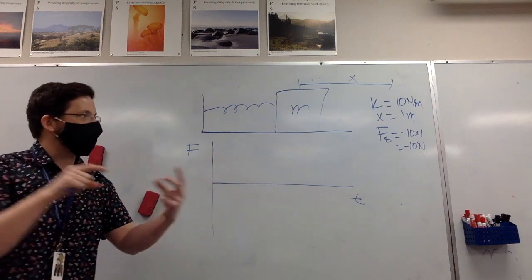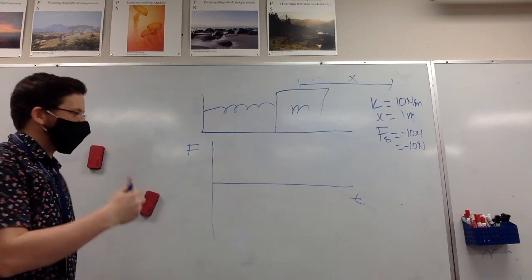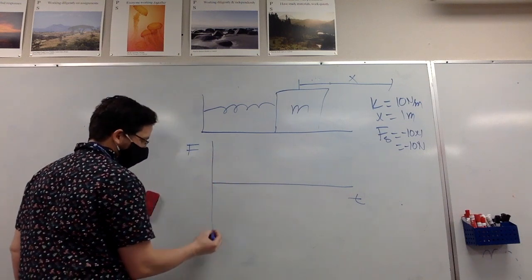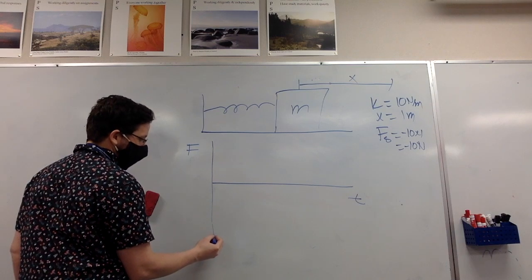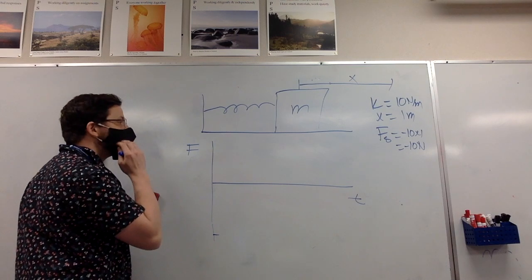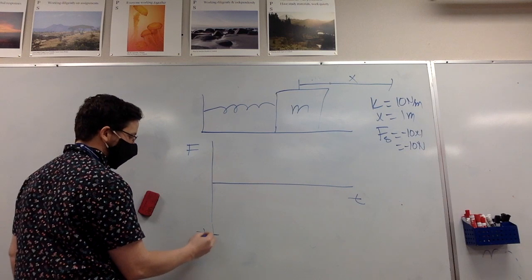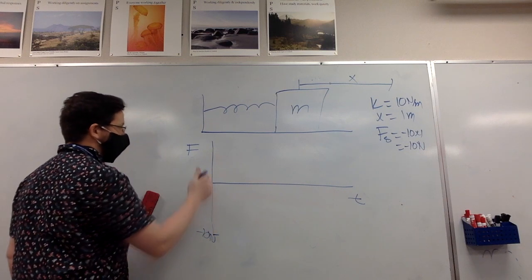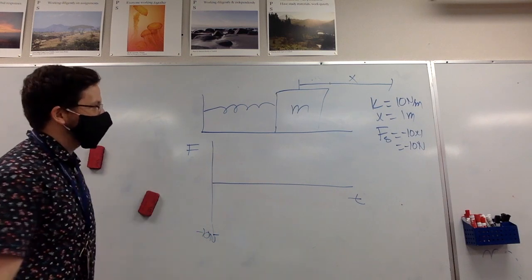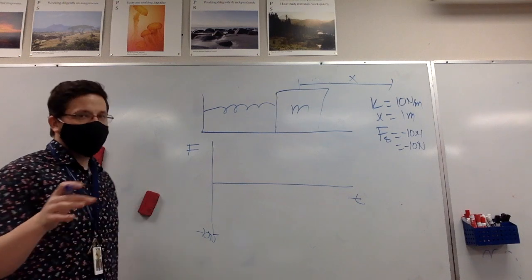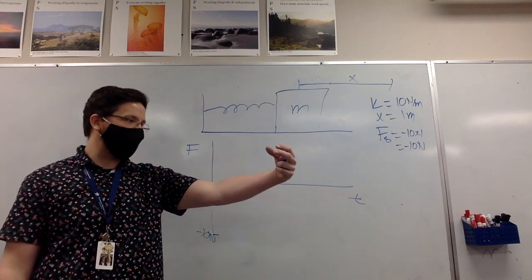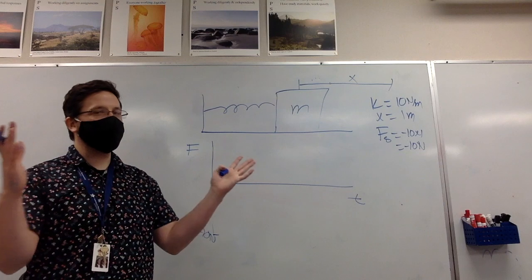Let's say I just stretched it a meter, and then that's the spring constant. All right, so it would start at negative 10 newtons. Does anybody have a guess? If I expanded it by a meter and I let go, how much would it be compressed by?